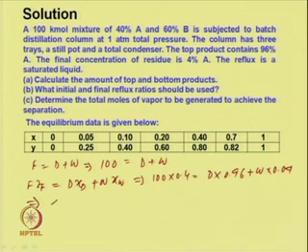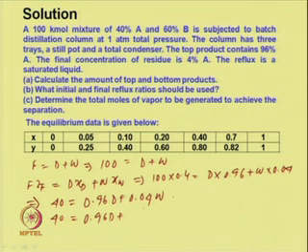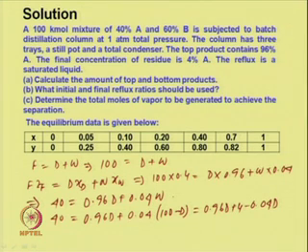Then 40 would be equal to 0.96 D plus 0.04 W. Now, we can substitute W as 100 minus D, so 40 equals 0.96 D plus 0.04 into (100 minus D), which is 0.96 D plus 4 minus 0.04 D. So, D would be 36 divided by 0.92, which is equal to 39.13.